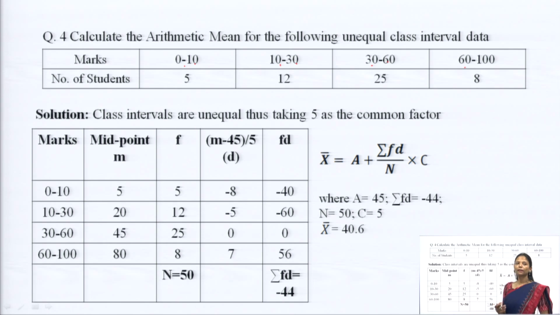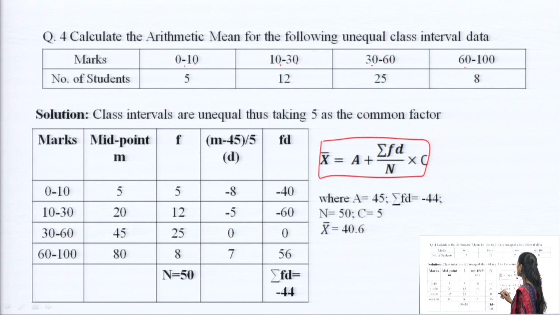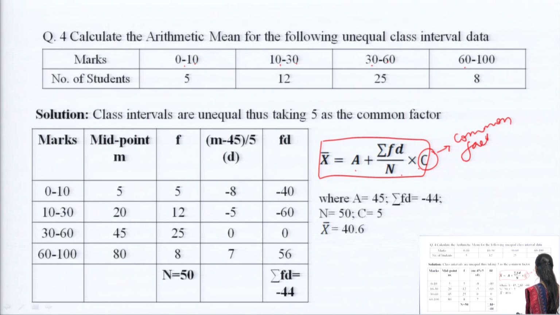In order to find the arithmetic mean, the formula we are supposed to use is x bar is equal to a plus summation fd whole over n into c. What is c? C is the common factor from your midpoints. A common factor is a number which can divide all the midpoints and give you a whole number.